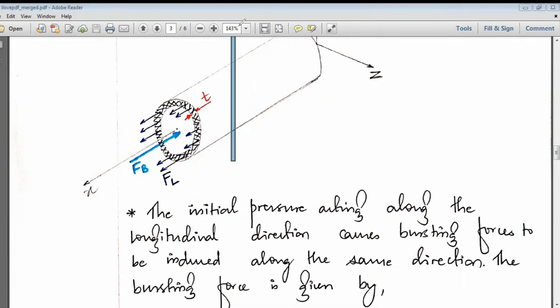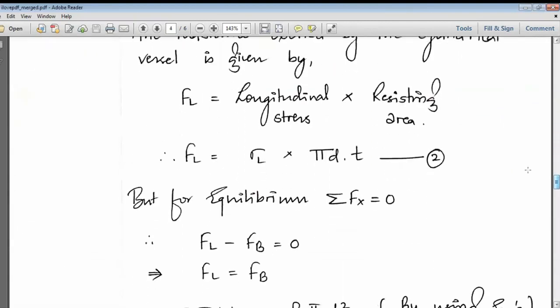So how do you calculate the resisting force? The resisting force is given by longitudinal stress sigma L into pi into d into t. Once again, for equilibrium, your resisting force should be equal to the bursting force.